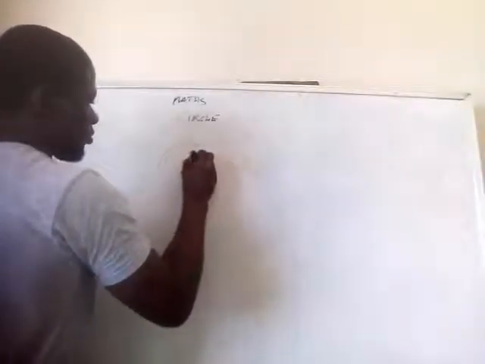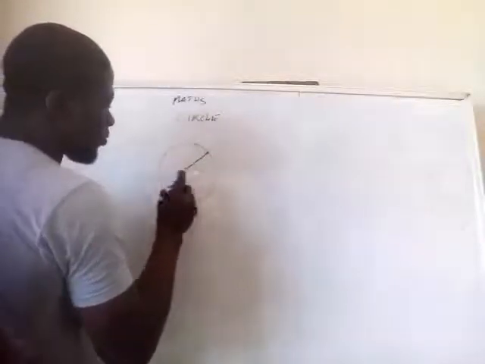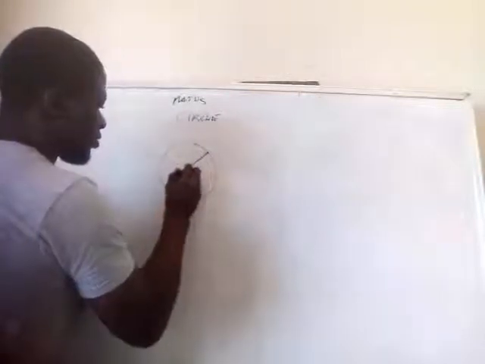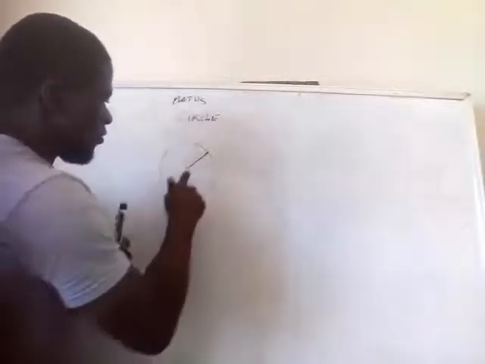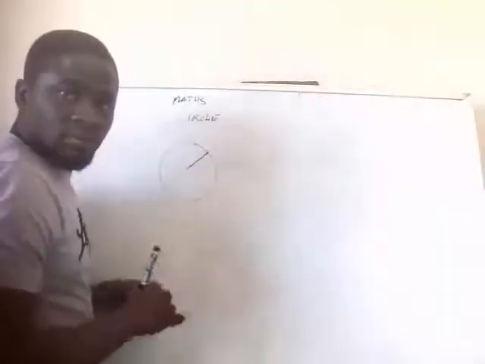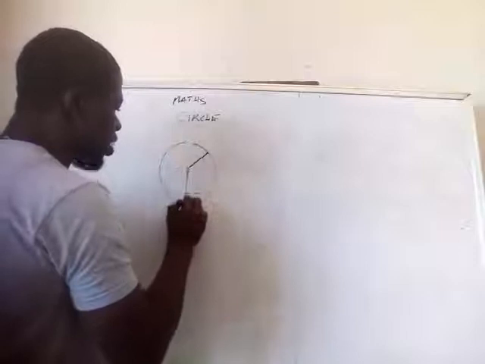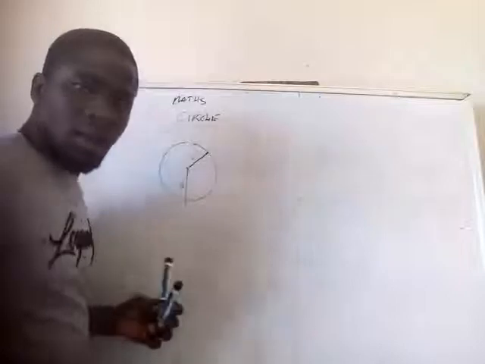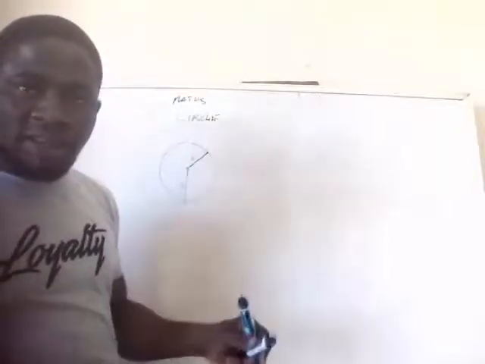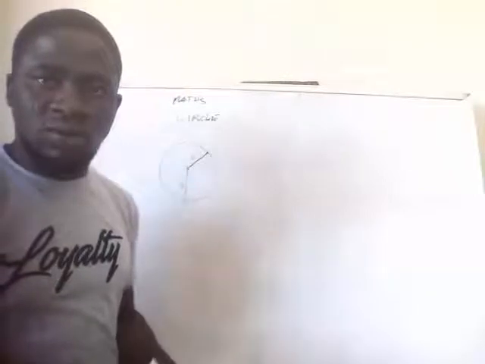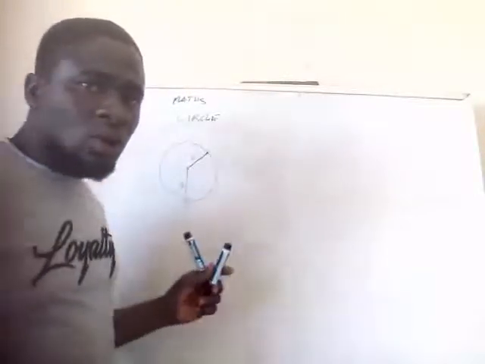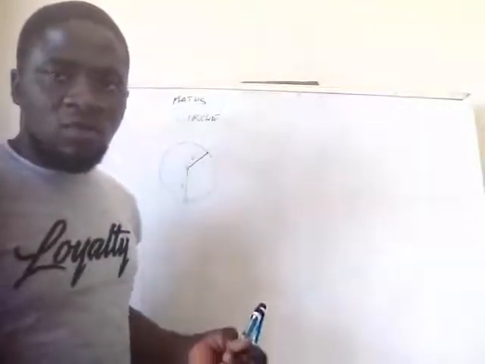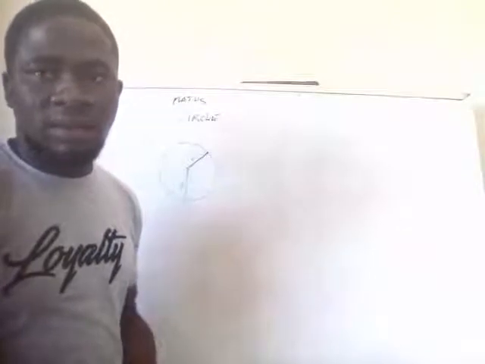From this point, which we call the center, from here to here is called radius, and from here to here is also called radius. But any line that crosses the center to the other parts is called the diameter.